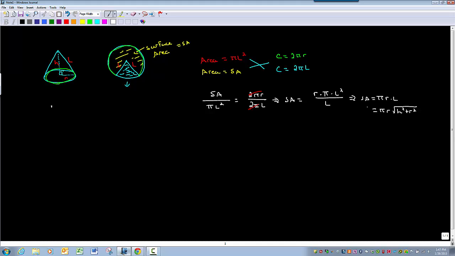So what we're going to do is we're going to take an arbitrary cone, like this, and then of course it comes down like this, and looks something like that.